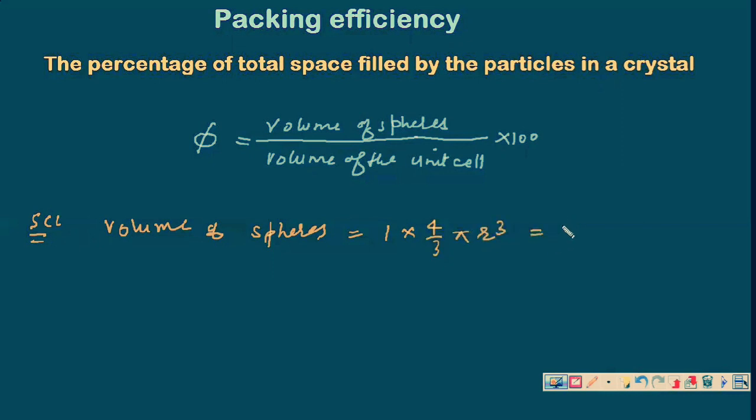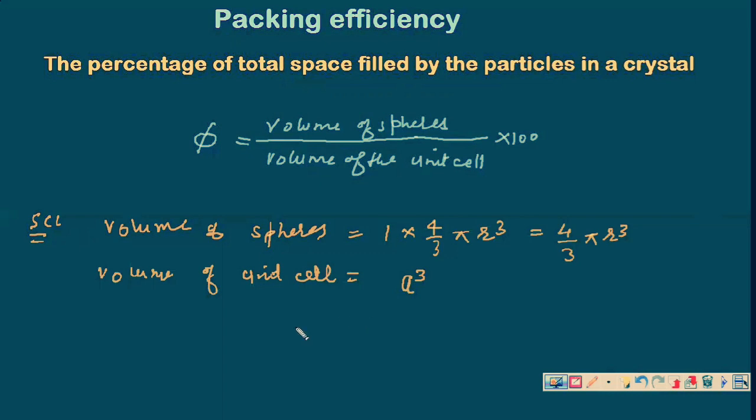Now the volume of the unit cell will be edge cube, A cube.